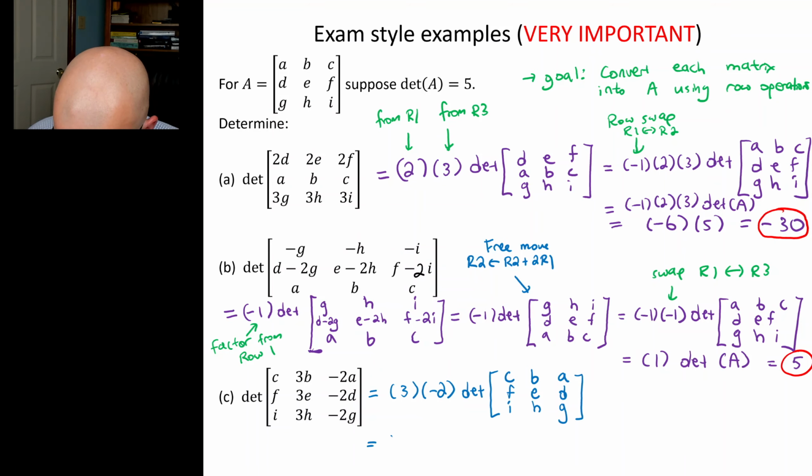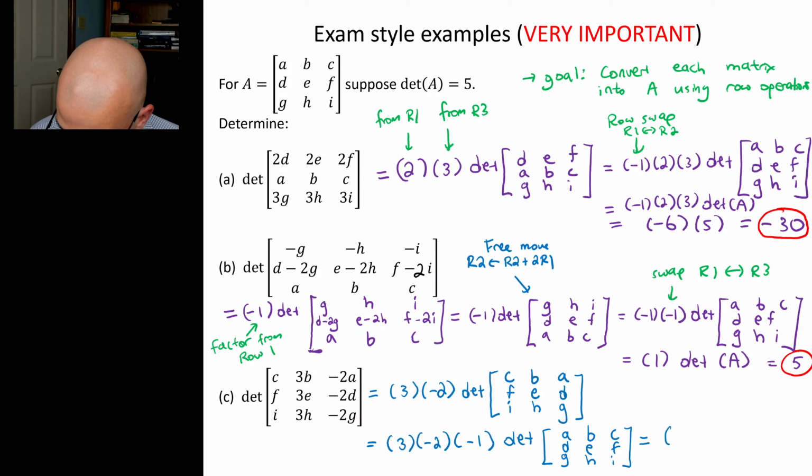So we have 3 times -2 times -1 times the determinant of A, D, G, B, E, H, C, F, I, which is 6 times the determinant of A, which is 6 times 5, which is +30.